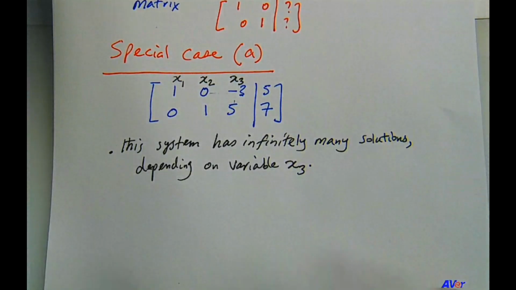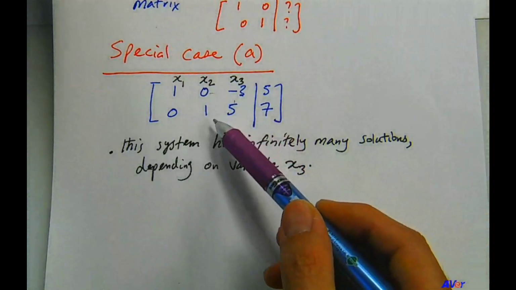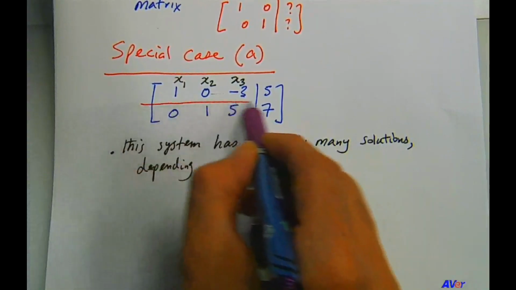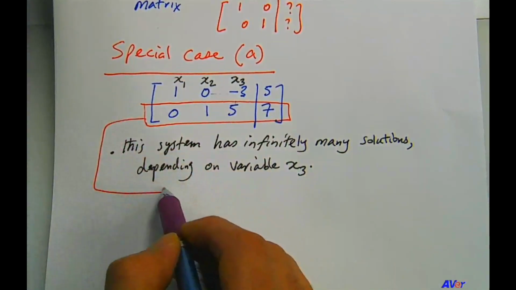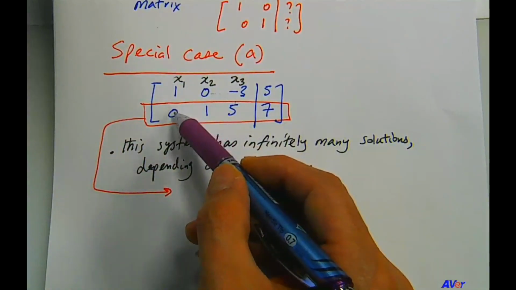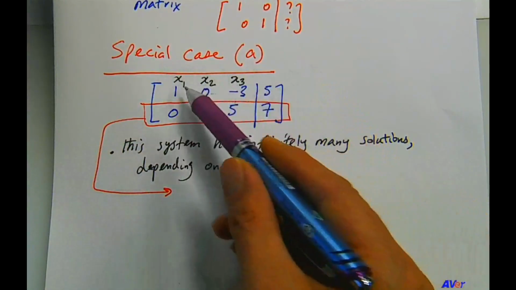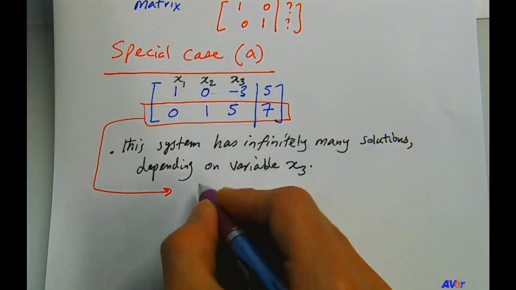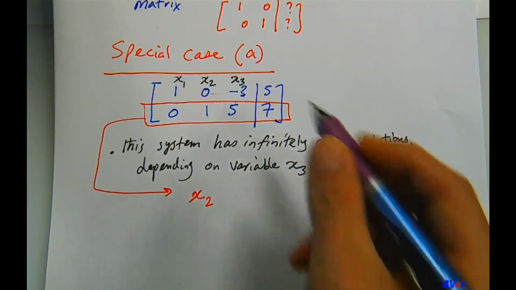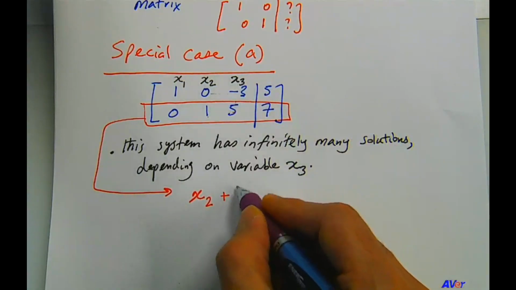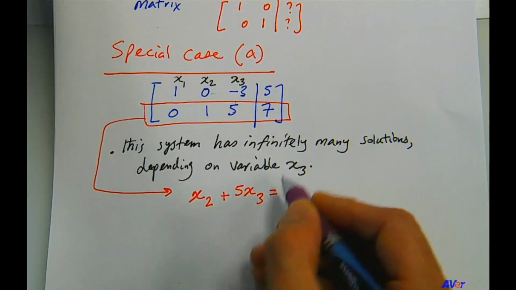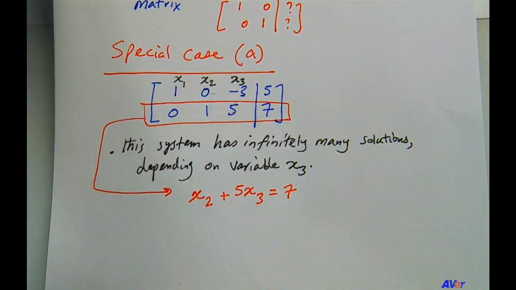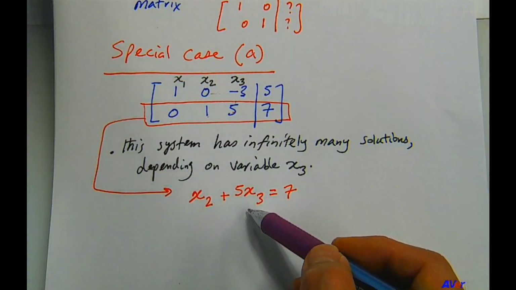Well, just remember, once you have this system, you can rewrite it in terms of its original variables. So let's write the original equation using the bottom row. What do we have? 0 times x1 is just 0, so x1 drops out. 1 times x2, we're going to have x2. 5 times x3 is 5 times x3 equals 7. And this is just from these numbers. We can rewrite the original equation like this.